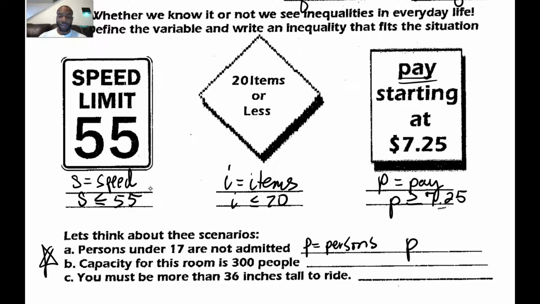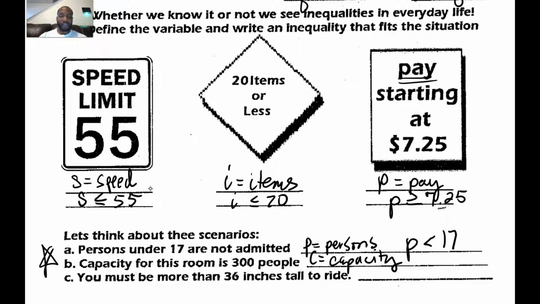So the people that are under, less than 17, cannot get in. The people that are 17 and above, greater than or equal to, can get in. So people under 17 are not allowed in. The next one. Hopefully you got that right. C for capacity. So the capacity is C.